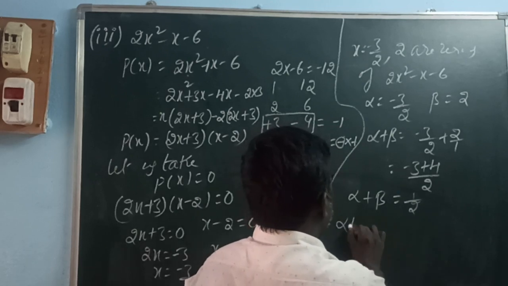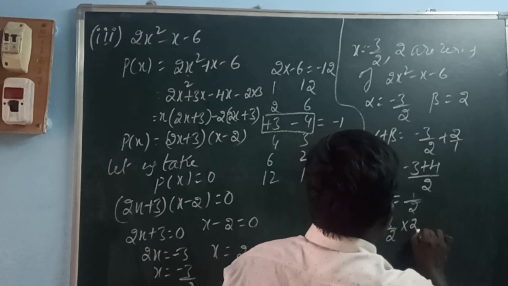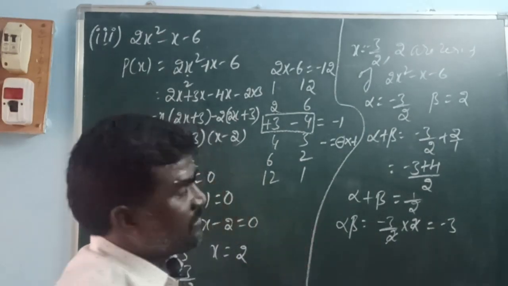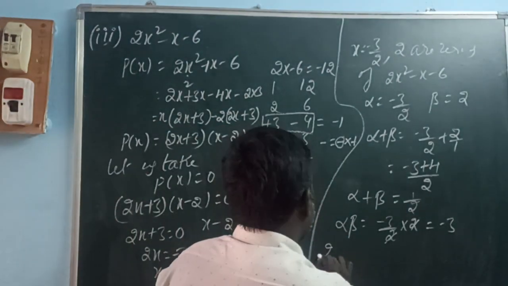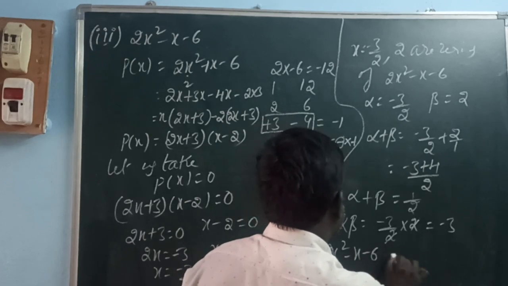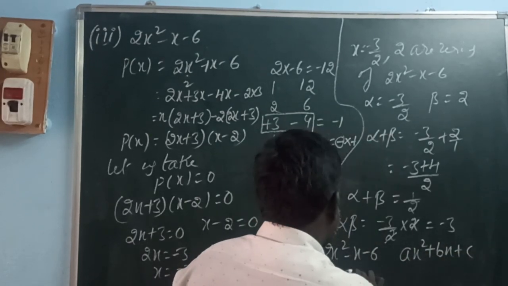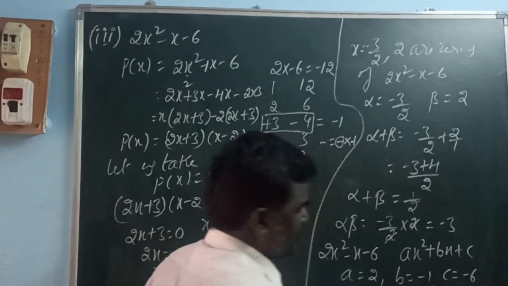Next, the product alpha into beta is minus 3 by 2 into 2; the 2s cancel, that is minus 3. Okay, so the polynomial we can compare with ax square plus bx plus c. So 2x square minus x minus 6 we compare with ax square plus bx plus c. On comparison, a is equal to 2, b is equal to minus 1, c is equal to minus 6.